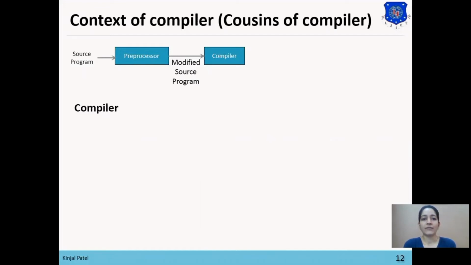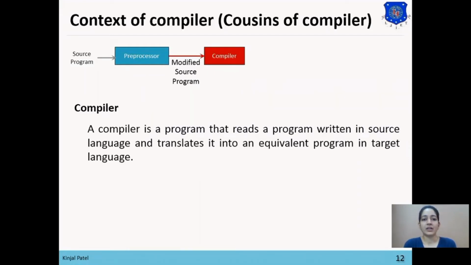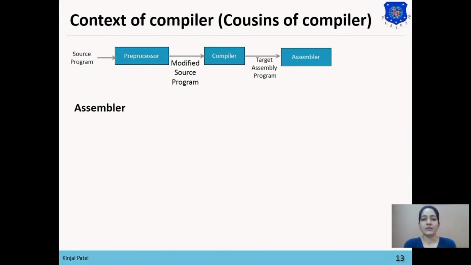So then this modified source program will be passed to the compiler, and then the compiler will convert this modified source program into the target program. Our target program will be assembly language, meaning a lower level language.